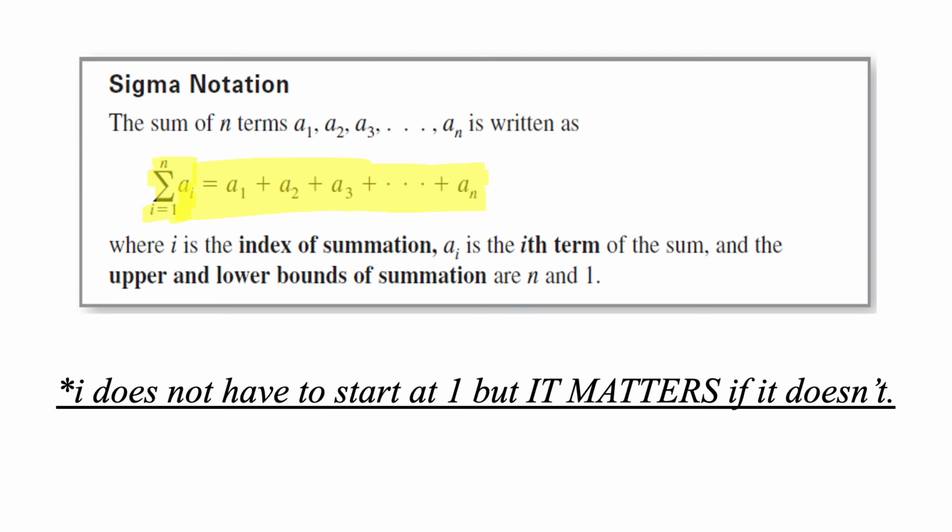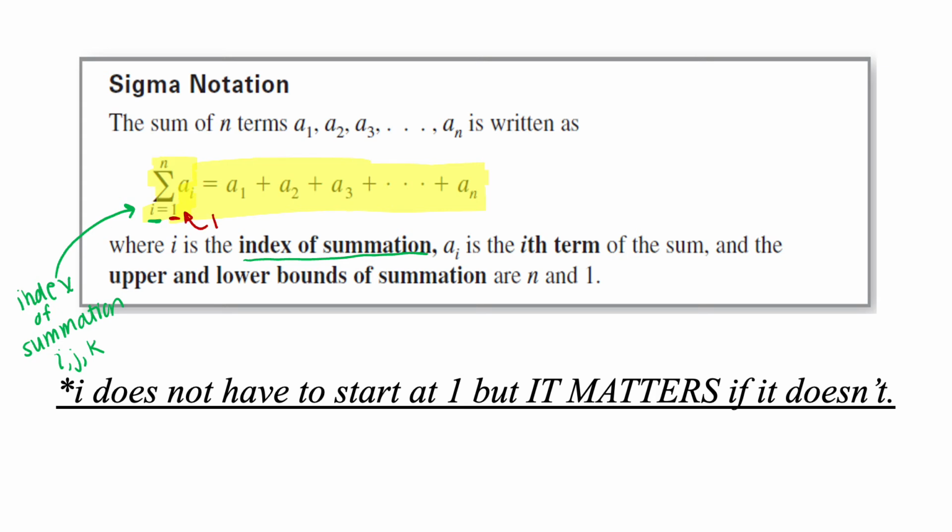And then a little bit of vocabulary review. This letter i is known as your index of summation, and that's sometimes i or j or k.